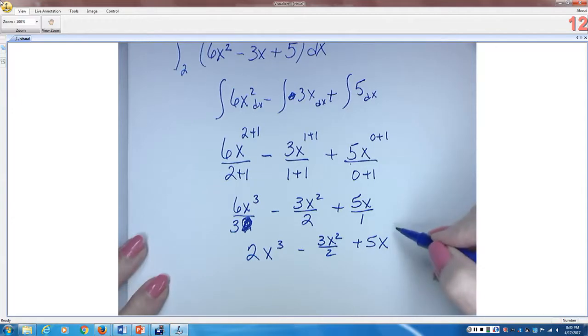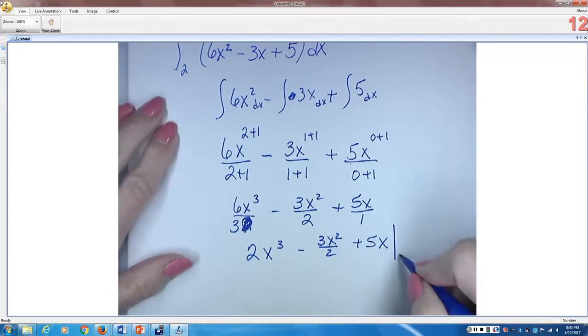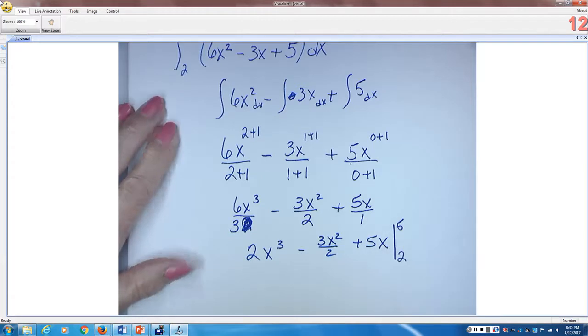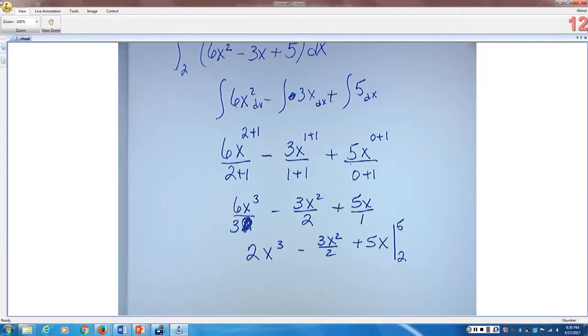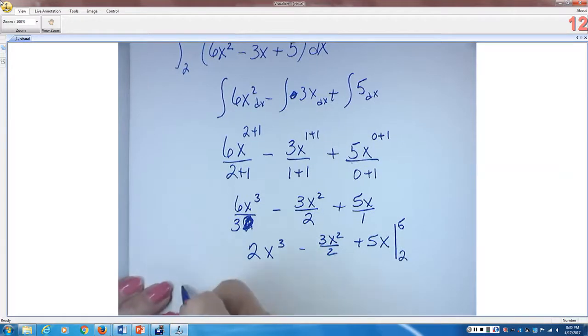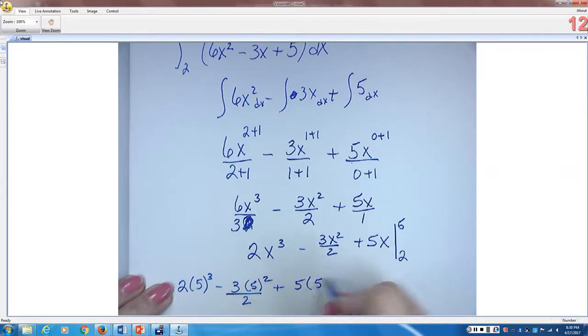And at this point, the efficient way to put the definite integral in is to say that we're integrating this from 2 to 5. So that means we're going to take 2 times 5 to the third power minus 3 times 5 squared divided by 2 plus 5 times 5.